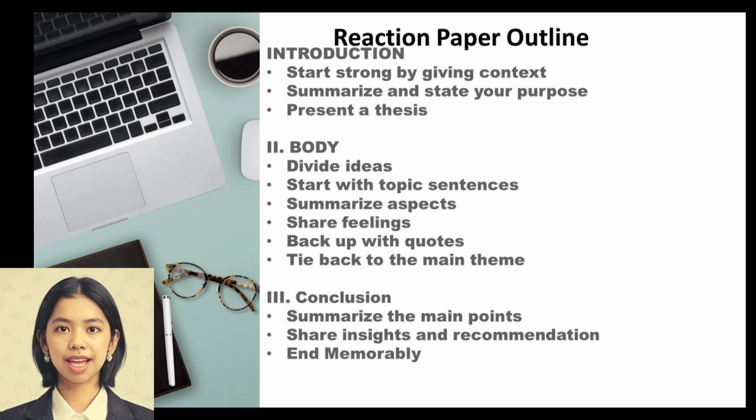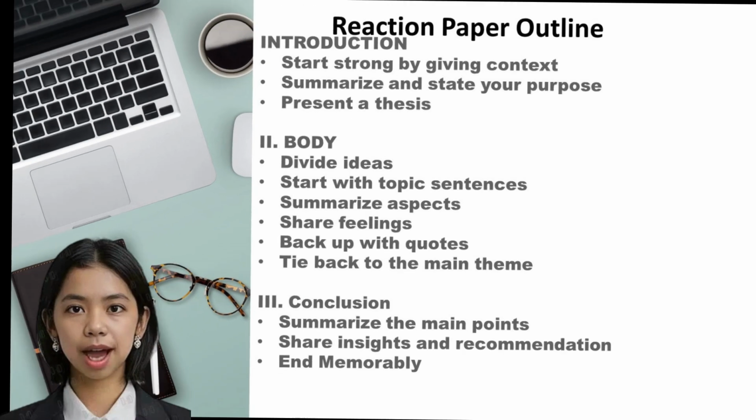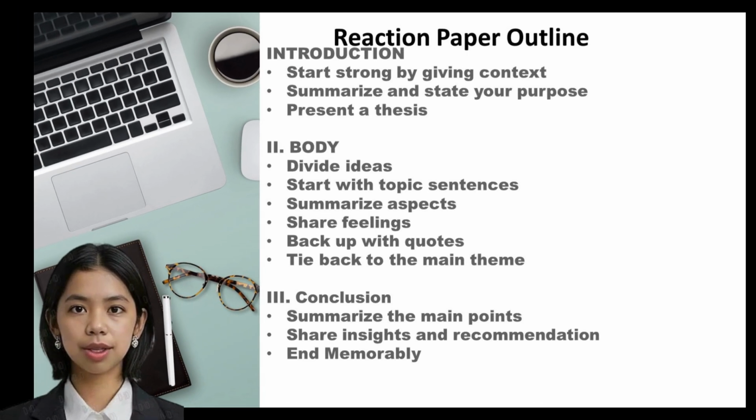Share feelings. Express your personal thoughts, feelings, and reactions to the material. What did you find interesting, surprising, or thought-provoking? Back up with quotes. Use direct quotes from the text to support your arguments and provide evidence for your claims. Tie back to the main theme. Make sure each paragraph connects back to your overall thesis statement.